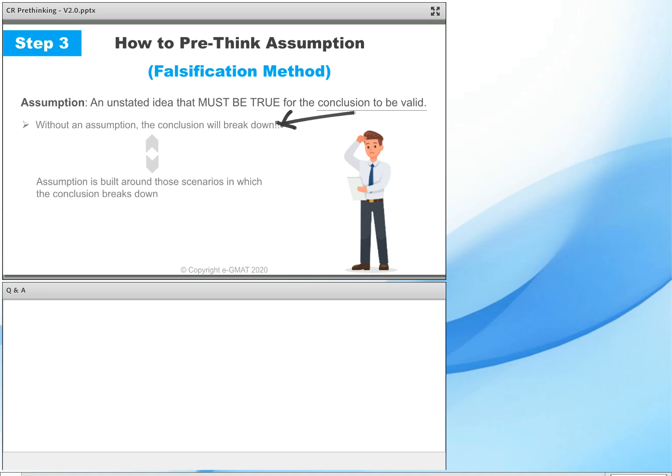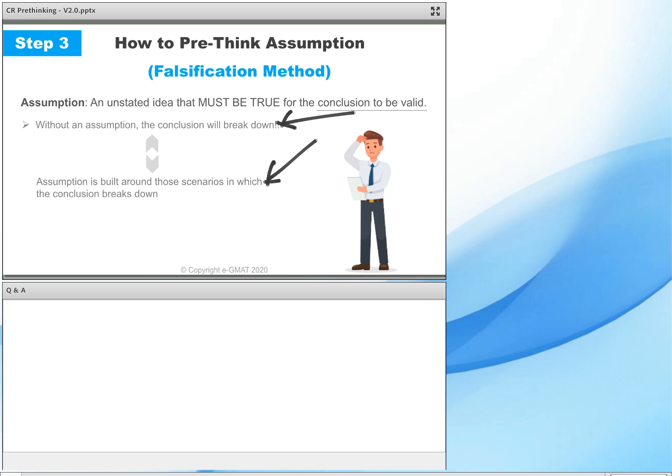So an assumption prevents the conclusion from breaking down, which means that it should be built around those scenarios where the conclusion breaks down. Why? Because if you were to build that pillar in a house, and if this were that essential pillar, you would figure out, hey, where is my roof caving in, which is my conclusion, and you're going to put a pillar over there.